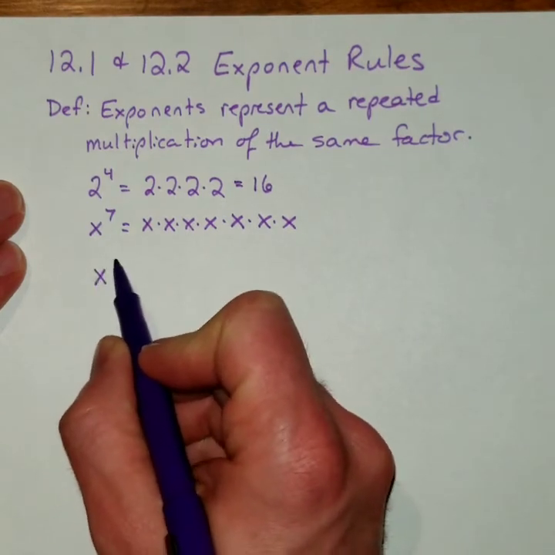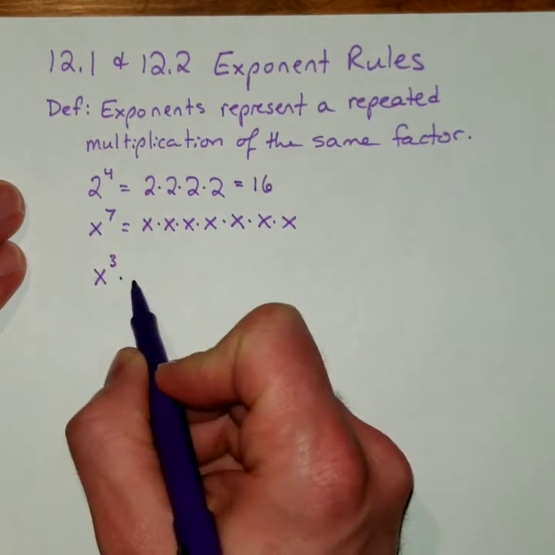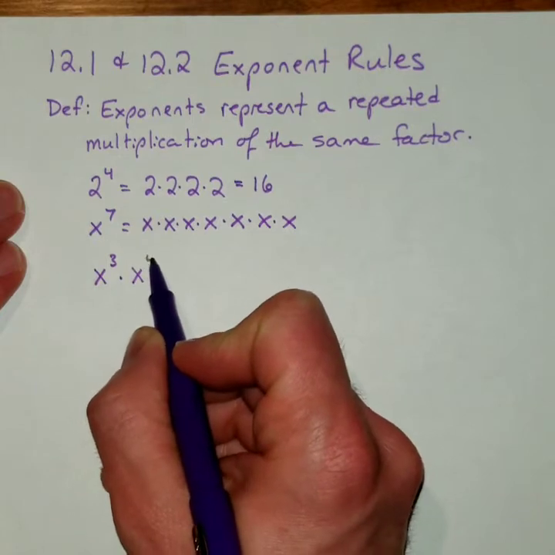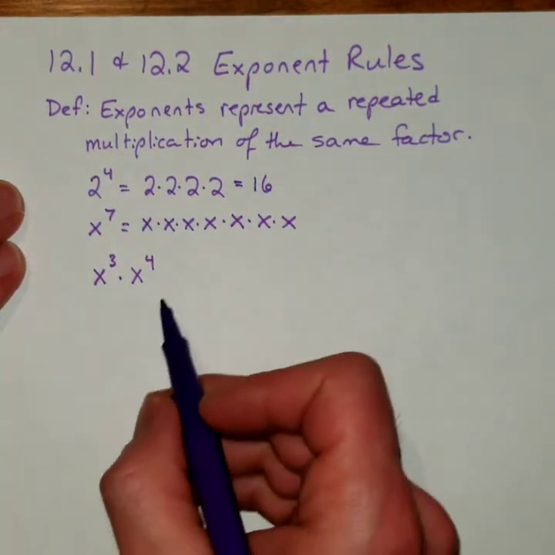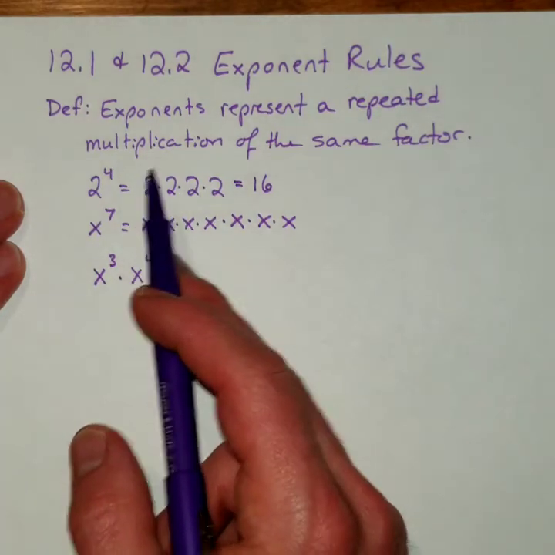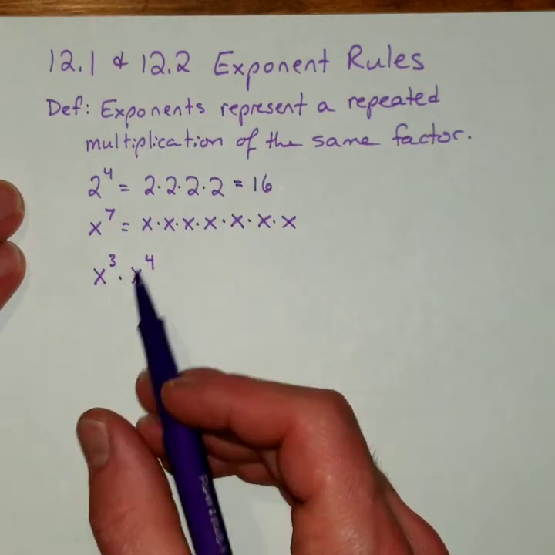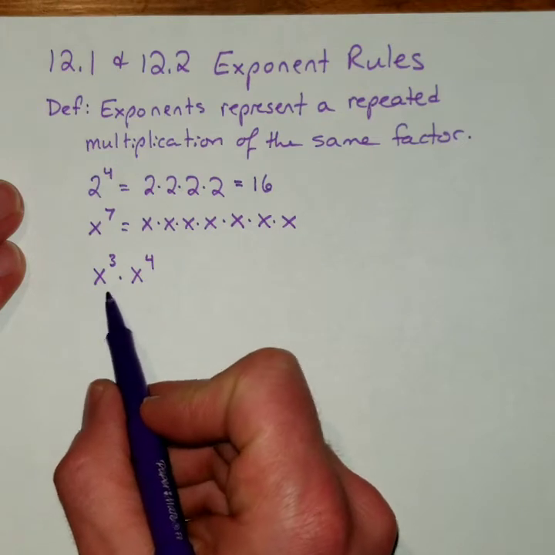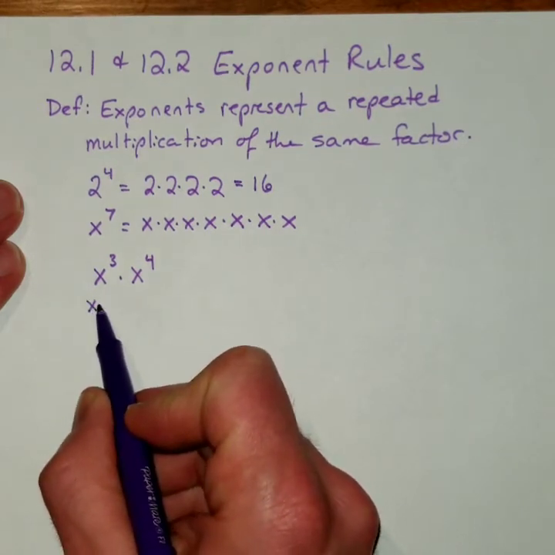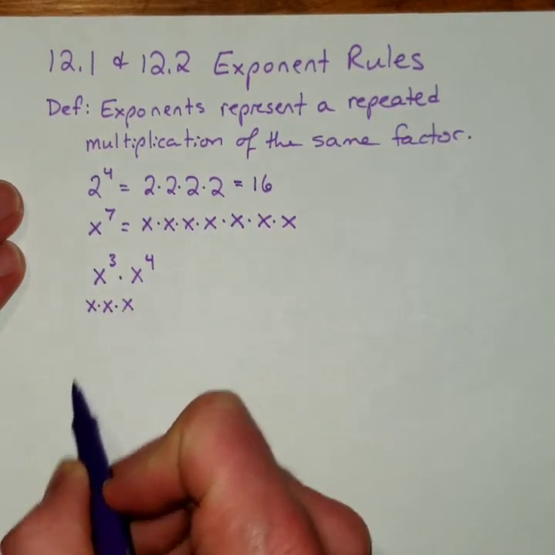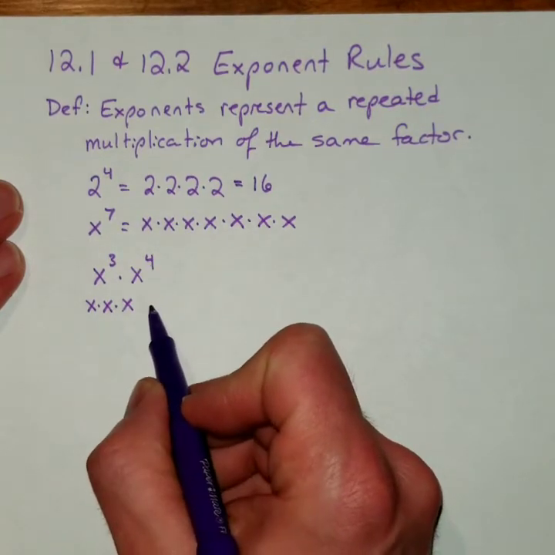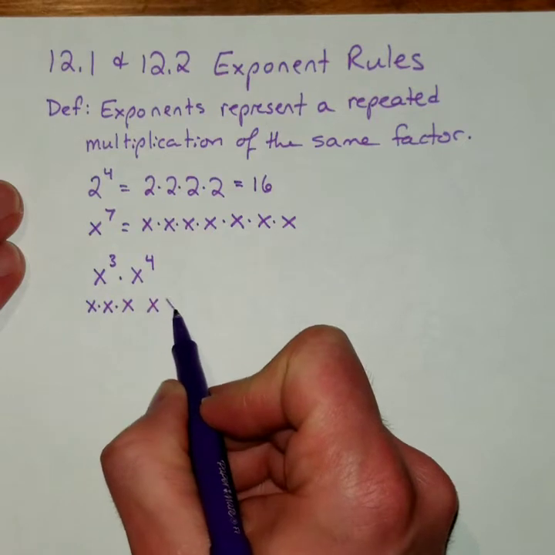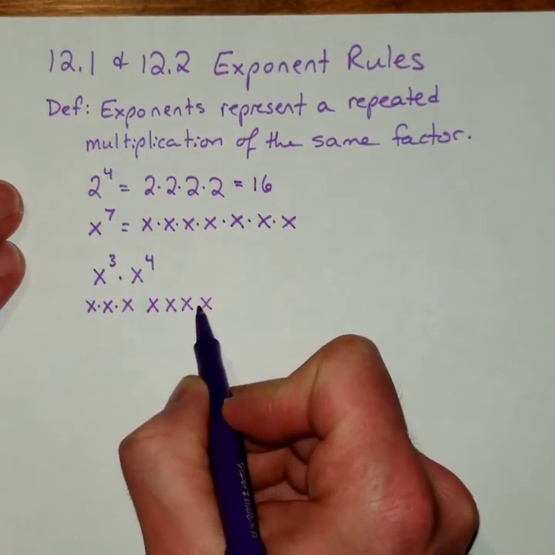Something like x to the 3rd multiplied by x to the 4th. Okay, so there's a multiplication. Again, I'm going to use this repeated multiplication idea to break down this first x into x times x times x. That's 3 of them. This other one over here is 4 more x's. 1, 2, 3, 4.